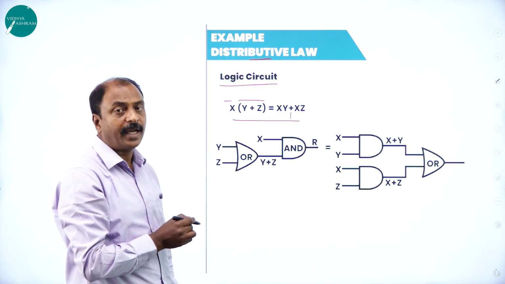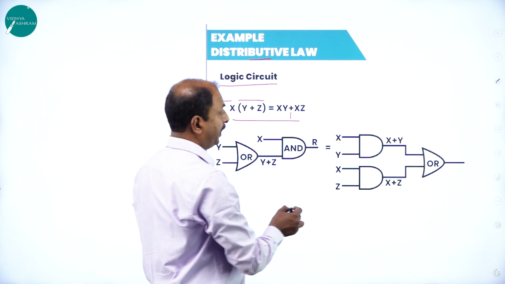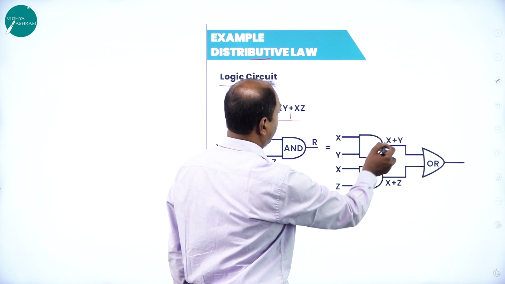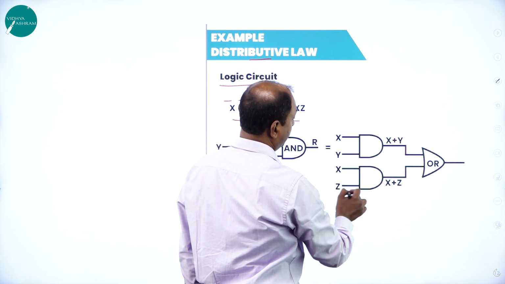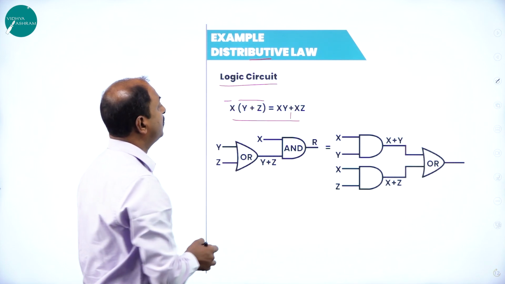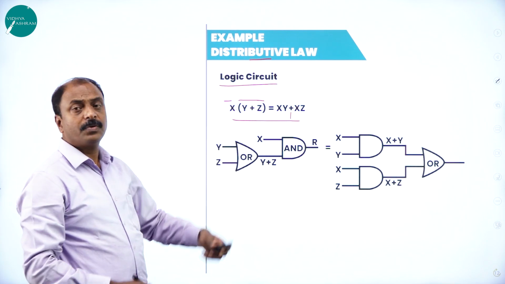It is nothing but the AND gate, the AND operation. So this AND gate takes x and y to give xy, and x and z to give xz, and then the OR gate combines them. This is the logic circuit for the distributive law.